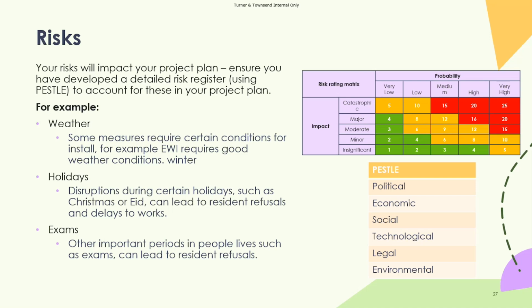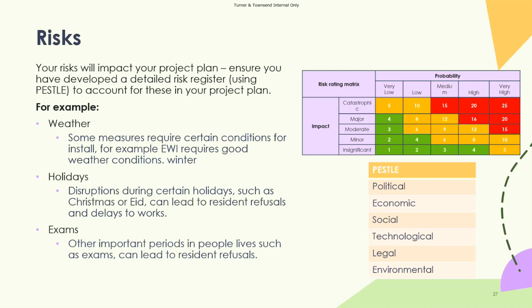Economic, is there cost variations that you think you're expected to happen? Social, is there anything in terms of resident refusals that's worth putting down? Technological, are there any issues with lodgements at the moment or updating your data onto a system? Legal, are there any kind of planning permissions or issues with party wall agreements or things like that? And then environmental, are there any other external environmental factors that might impact how you deliver it?